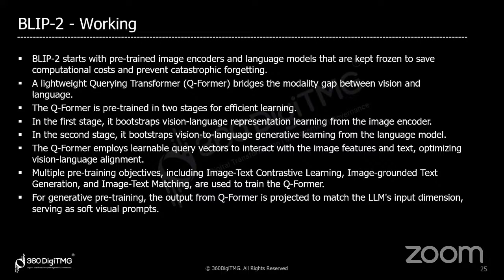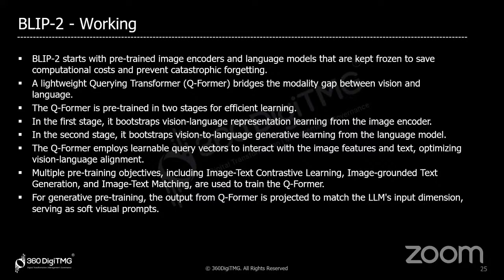The Q-Former employs learnable query vectors to interact with image features and text, which will optimize the vision-language alignment between the two. Multiple pre-training objectives, such as image-text contrastive learning, image-grounded text generation, and image-text matching, are used to train the Q-Former.